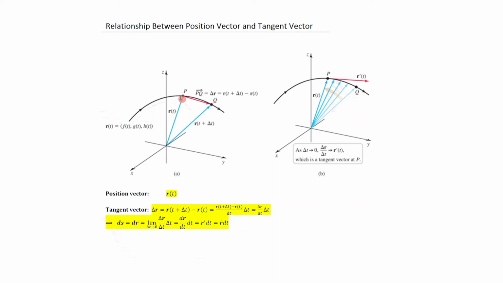So this tangent vector, which is the result of taking the limit of delta r, how do we obtain it? Well, delta r is just r(t plus delta t) minus r(t). But by a trick, we divide through by delta t and multiply by delta t. Notice that this becomes delta r over delta t. In the limit, delta r over delta t is just the derivative of r with respect to t, and delta t just becomes dt.